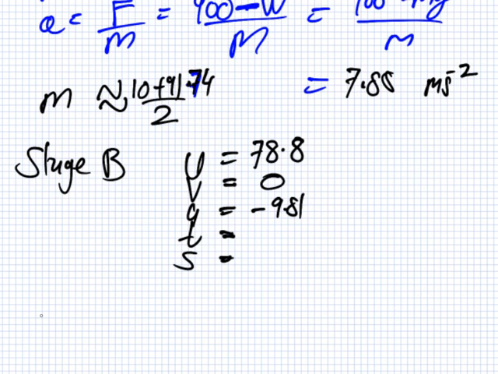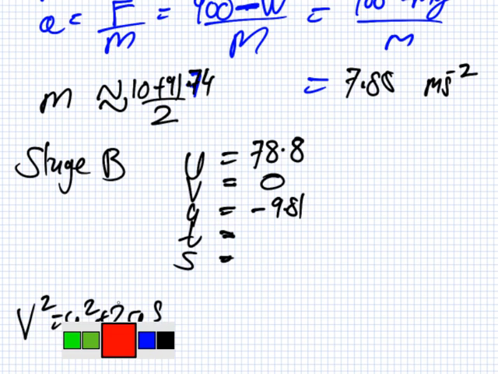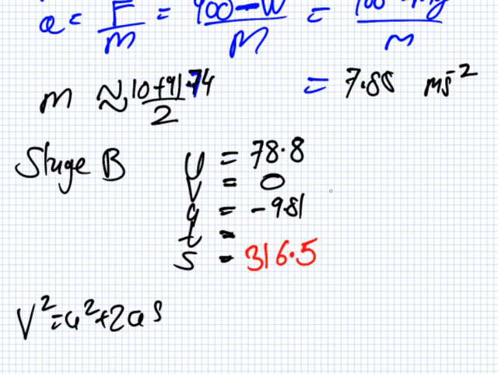So I'll use v squared equals u squared plus 2as to get the s. So I got 316.5.